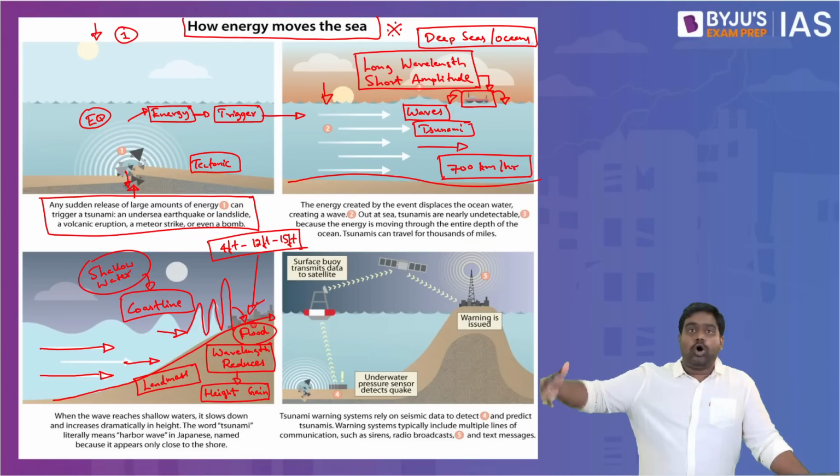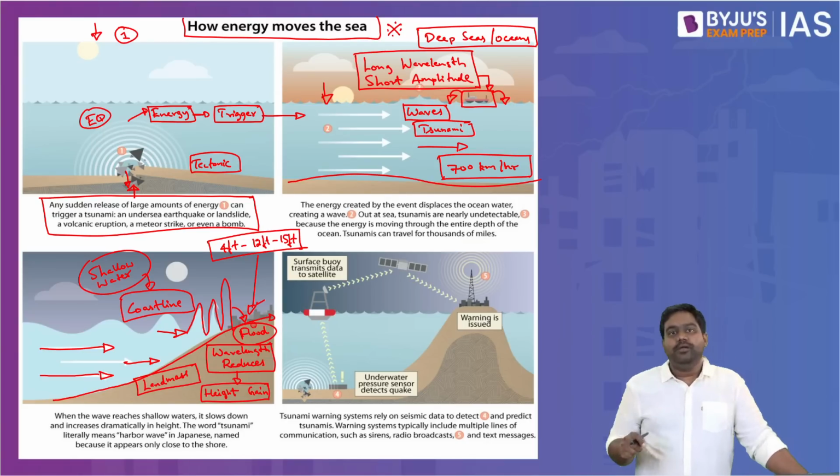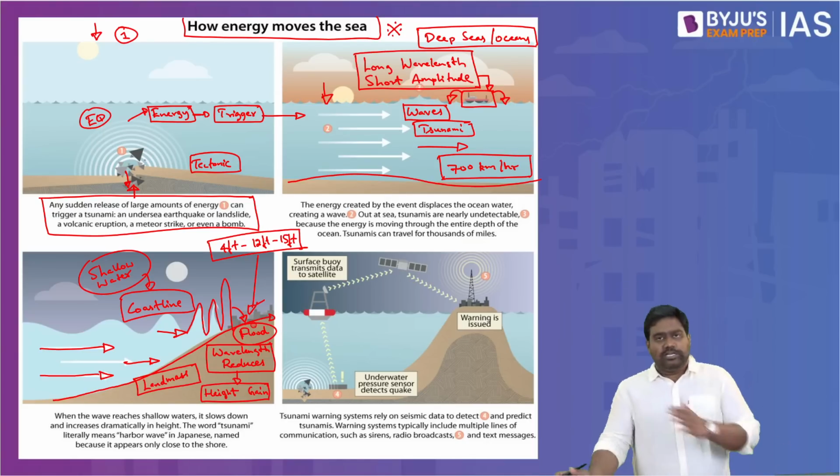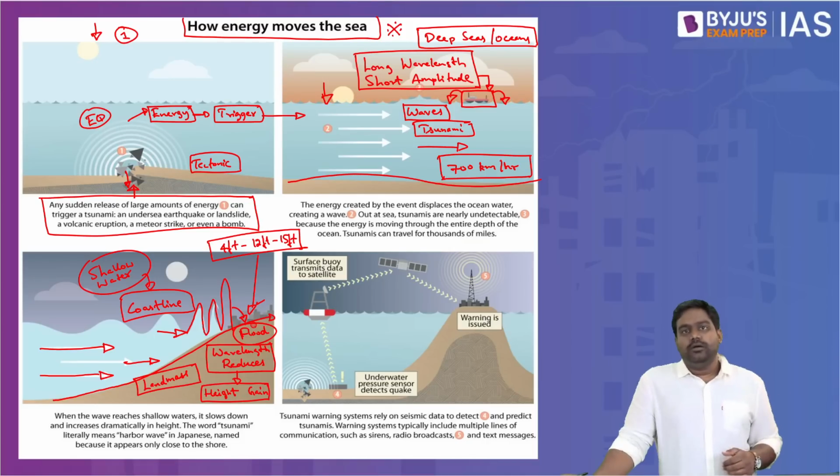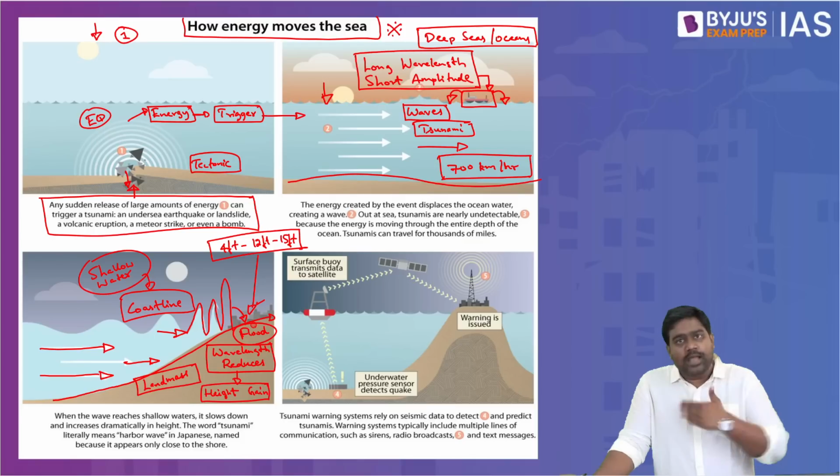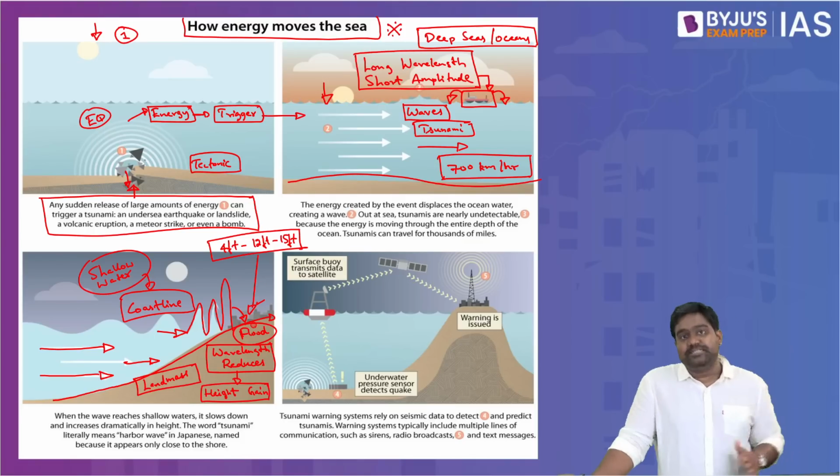Imagine a wall of water with a height of 10, 15 feet crashing into the coastal area. That force itself will destroy everything in the immediate reach of the coastline. If there are buildings, villages, resorts, hotels present, they will be wiped out by the tsunami, by the first wave itself.